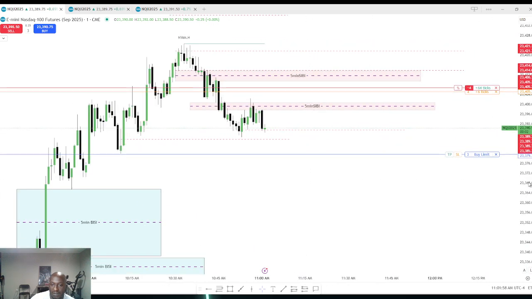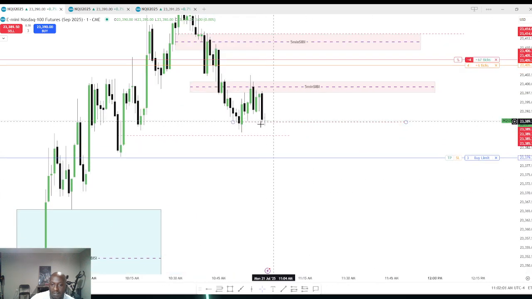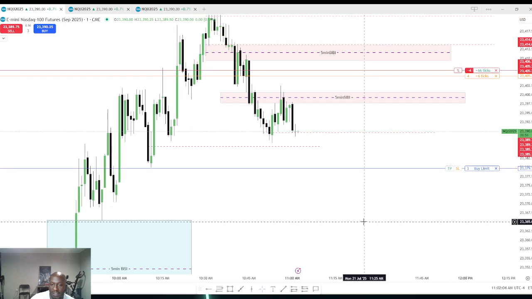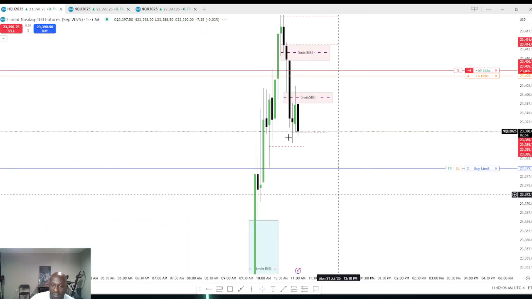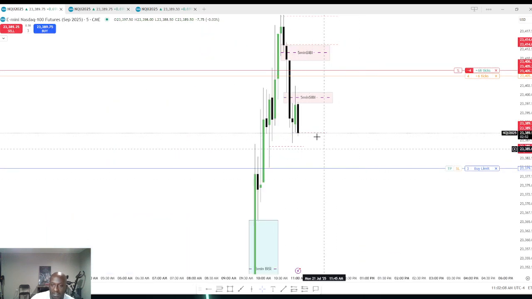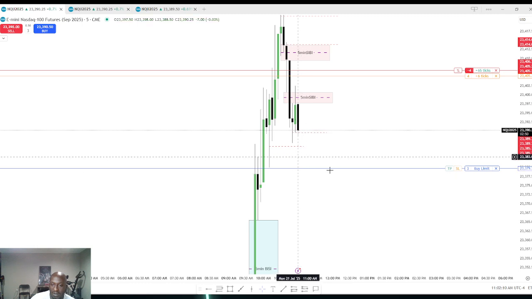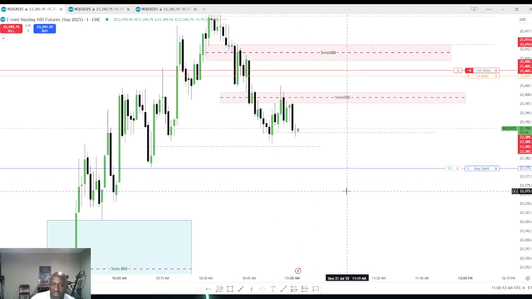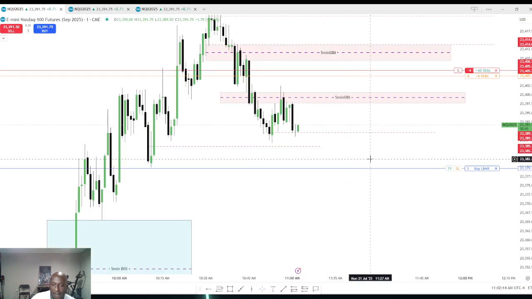And what I don't like is how we're stopping at the 50%, or we're stopping at consequent encroachment of this wick. Like I said, I want to see it get below it and close below it and stay below it.